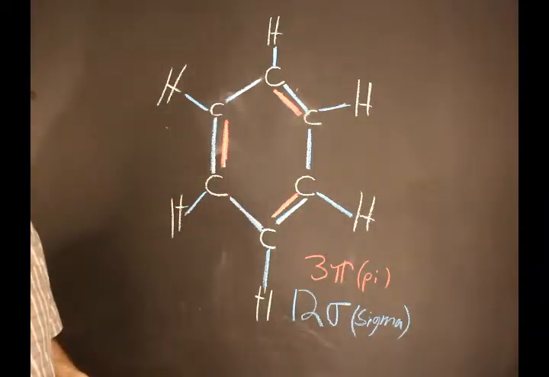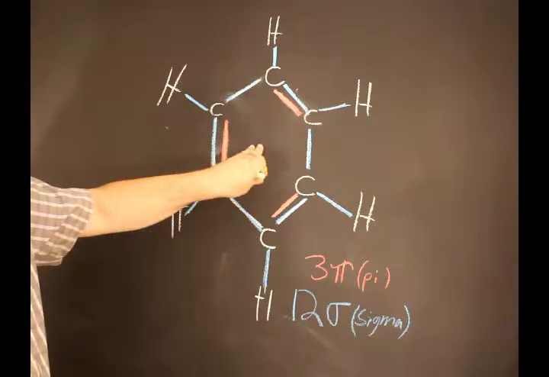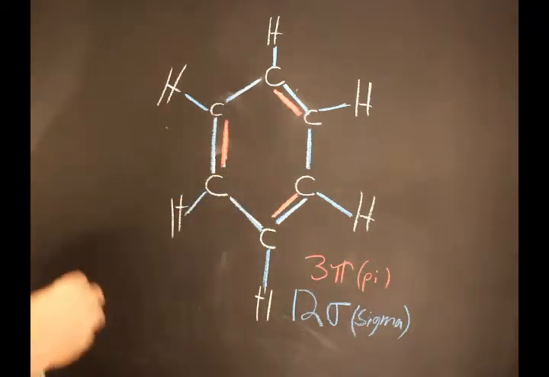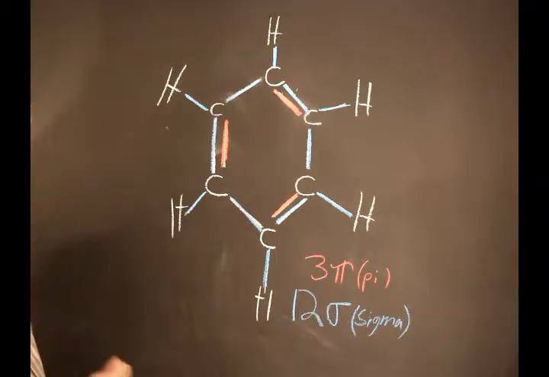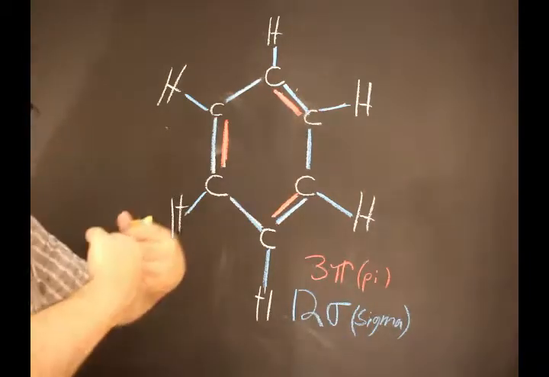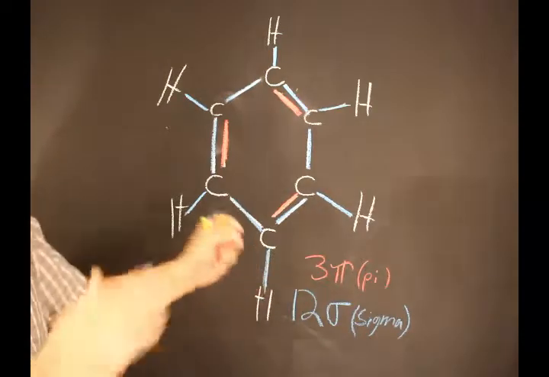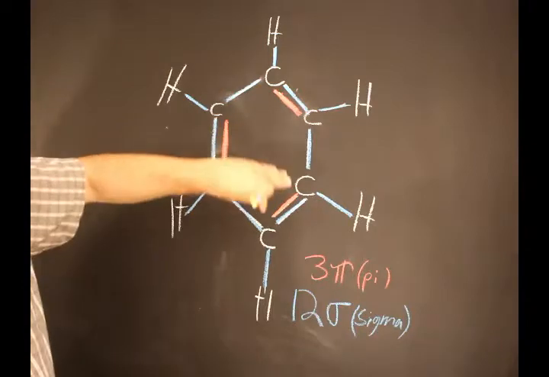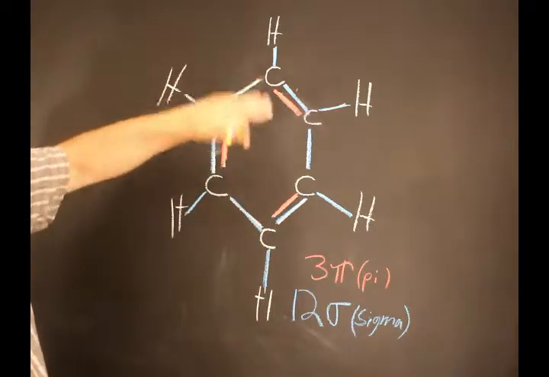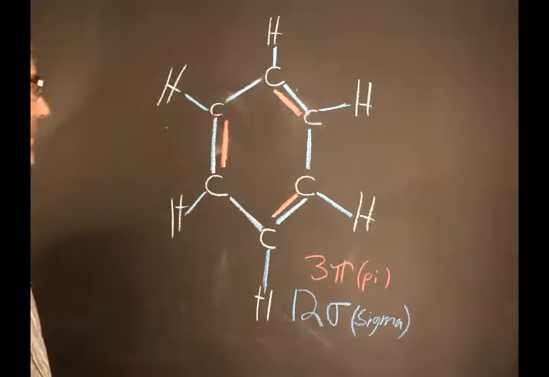And this is something that, as we go through chemical bonding, involves recognizing the overlap between s and p orbitals, and whether it is a sigma interaction, a direct interaction, or a pi interaction. In this case, this molecule is planar, so we have interactions above and below the ring.